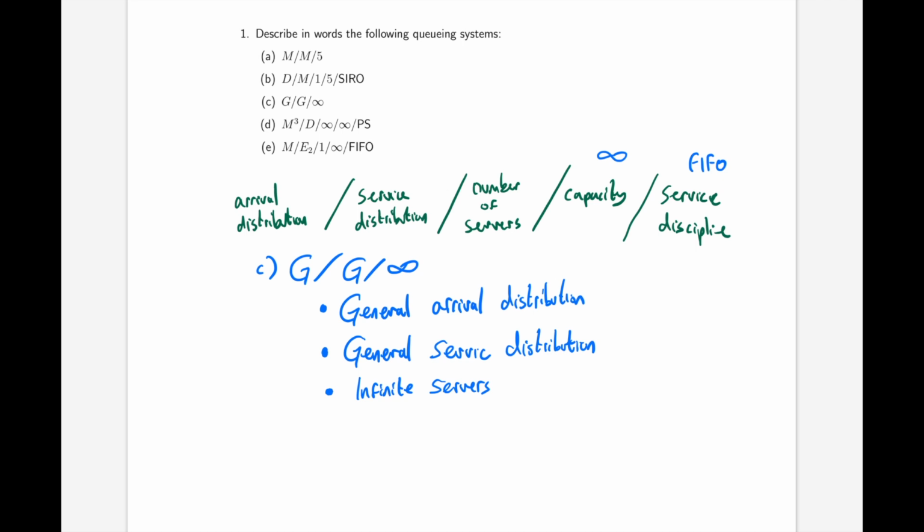And if there's infinite capacity of the servers, then clearly there must be infinite system capacity. Okay, nobody waits. And by default, we have FIFO service discipline, which is first in, first out service discipline.